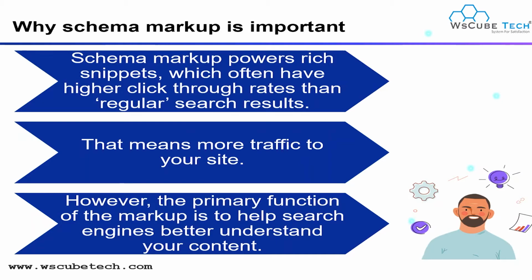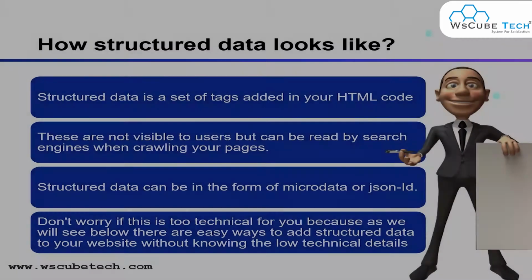This is one advantage. And the other advantage is that Google will give us a higher ranking and a higher click-through rate. However, the primary function of the markup is to help search engines better understand your content.